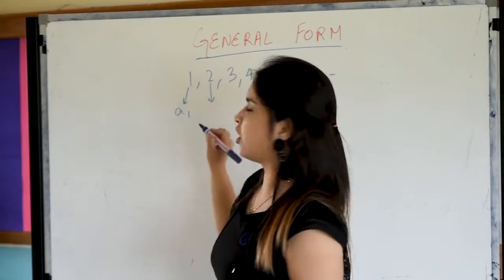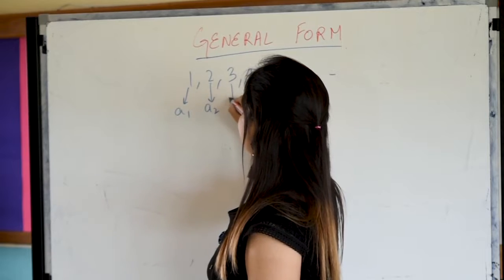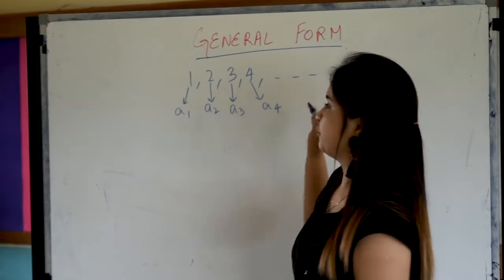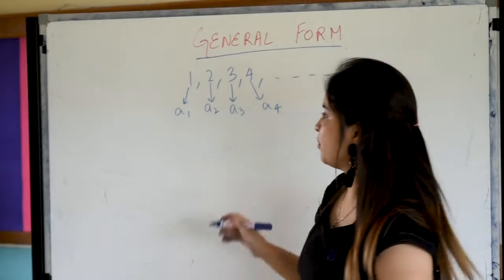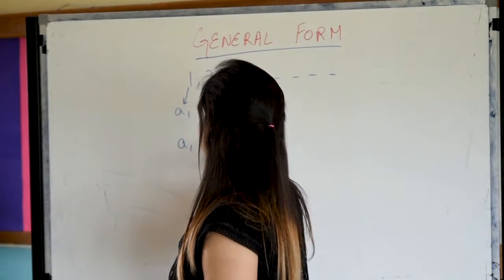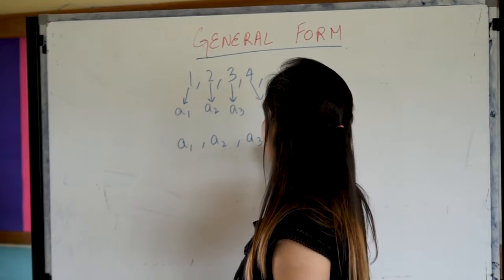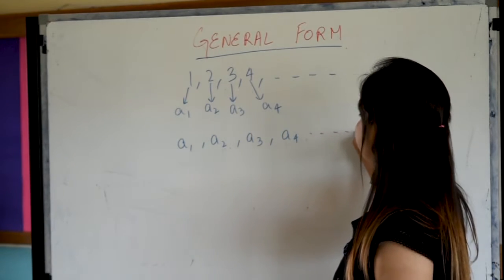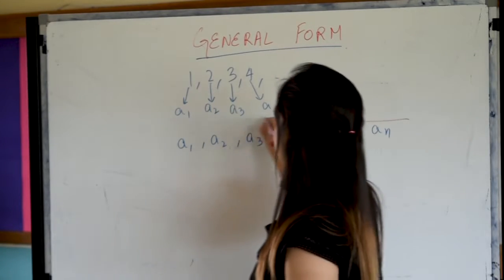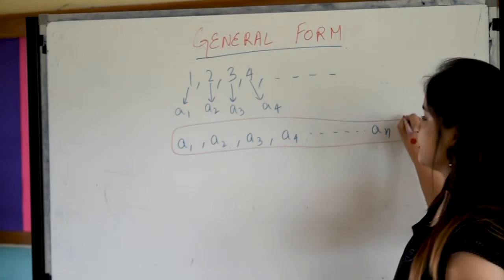Second number is called A2. Third number is called A3. Fourth number is called A4. So what is the general form of a sequence? You can say A1, A2, A3, A4 up to AN. Okay. So this is a general form of a sequence.